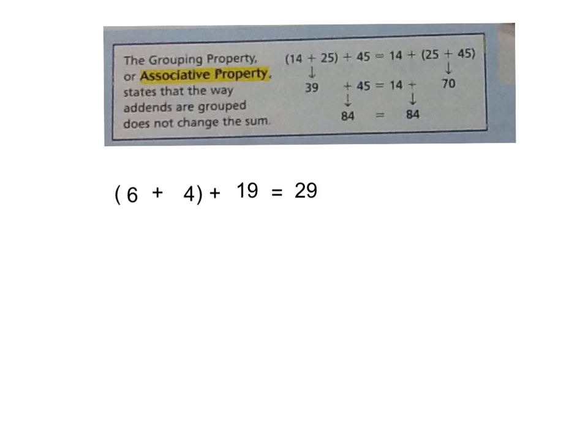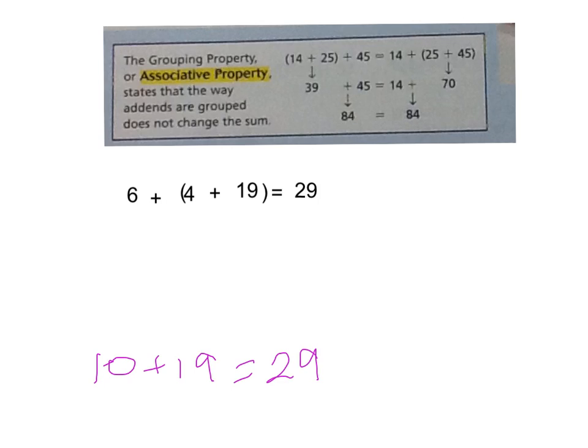So the way my brain sees this is I would add 6 plus 4 first, which would equal 10, correct? And then I would add the 19 to the 10, which would equal 29. But that doesn't mean that's the only way to add it. I could have taken my parentheses and added the 4 plus the 19 first.